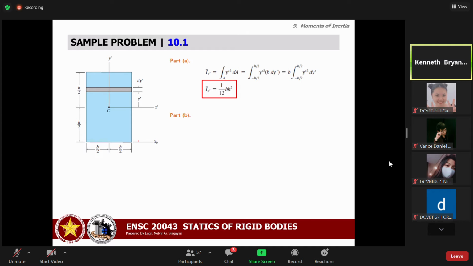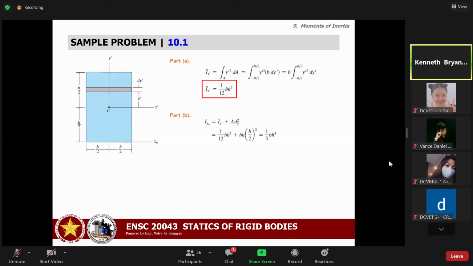So if you can recall, the parallel axis theorem states the moment of inertia about any axis, in this case the xB axis, is equal to the centroidal moment of inertia, which is na-solve natin, ito yon, the centroidal moment of inertia, plus the transfer term A d squared.